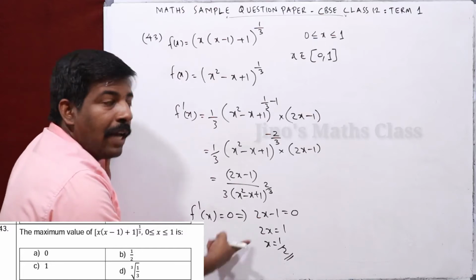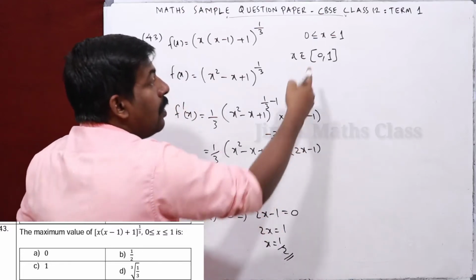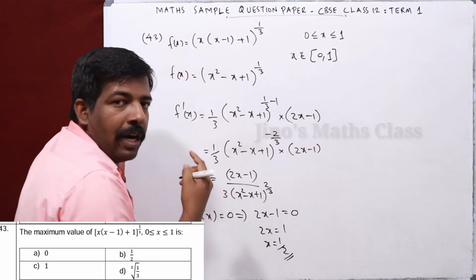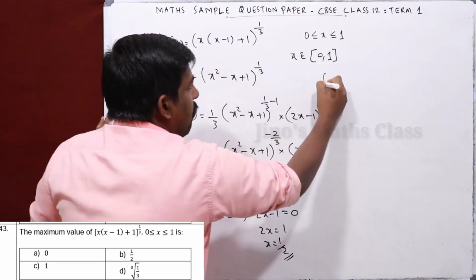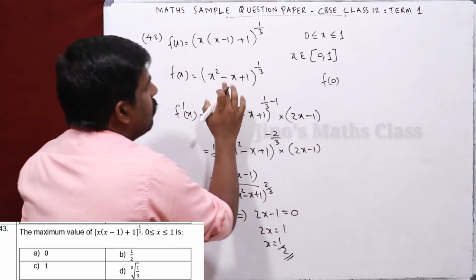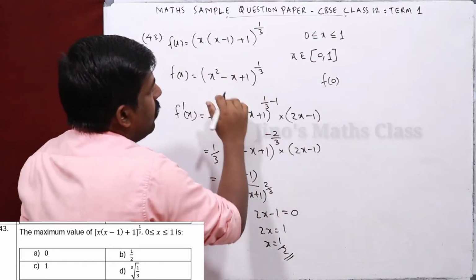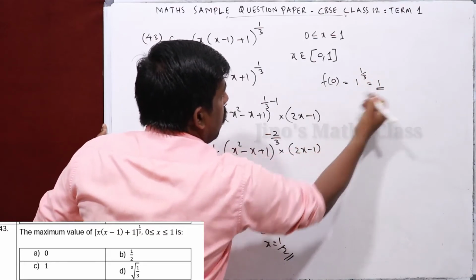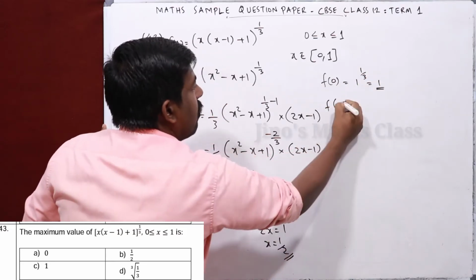Now we have to find the value of the function at 1 by 2, 0 and 1, whichever is maximum is the required maximum value. So for that we are finding f of 0. You can substitute here or here. When we substitute x is equal to 0, we are getting 1 power 1 by 3, that means it is 1. Then we can find f of 1 by 2.